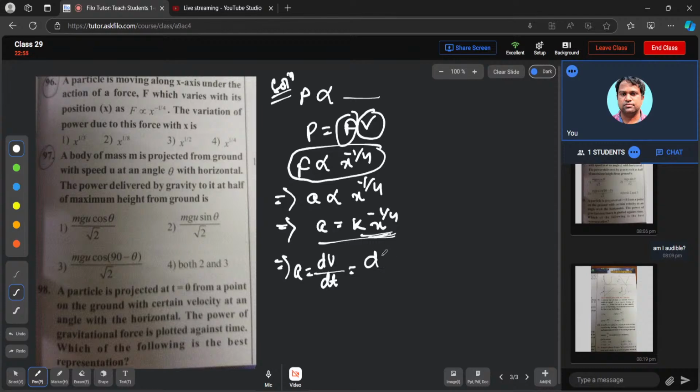So what we'll do, we'll write like this: dv by dt will be written as dv by dx, since we want it in terms of x, into dx by dt. Same thing, right? So this is called the chain rule, we just introduced an extra dx.